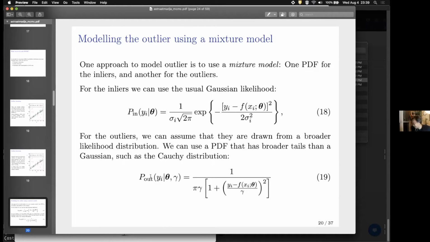You can use anything, but I like to use Cauchy functions, as we have seen. It's centered on the true model that we want to infer. It has a width, but it has a broader tail. So we can assume that it could be an outlier.